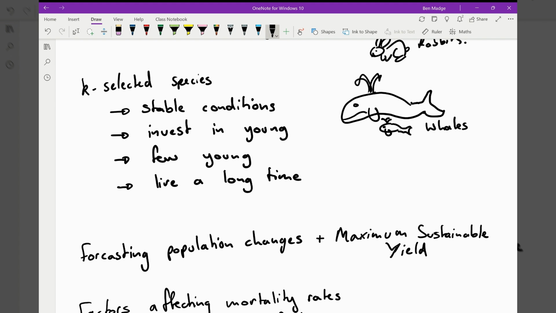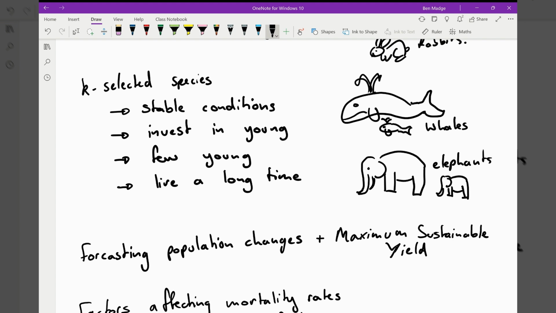Whales are a good example as well because they suffered heavily at the hands of human hunters, which resulted in a really quick population decline. Elephants as well, they are a good example for the same reason. They have few young that they invest heavily in. They live a long time. And they have suffered heavily at the hands of hunters as well, which has resulted in really rapid population declines in a lot of different parts of Africa, for example, and their Asian range as well.